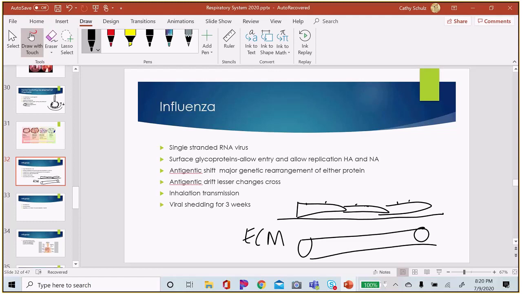But what happens with influenza is that it is able to match up. That little RNA virus has surface proteins, which are these HA proteins. These surface glycoproteins allow that virus to enter the cell and then use the cell to create more virus.